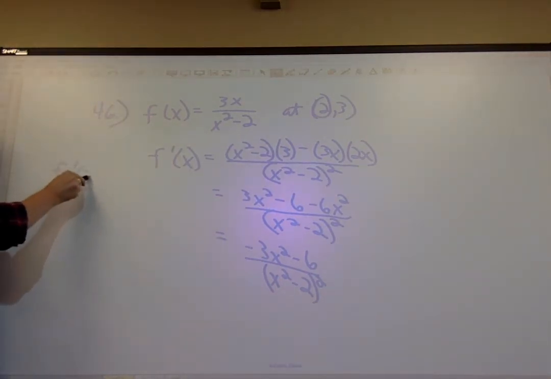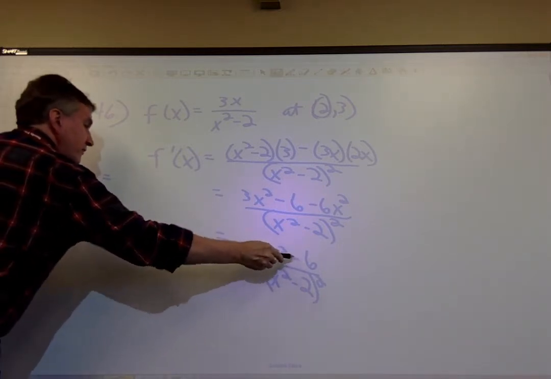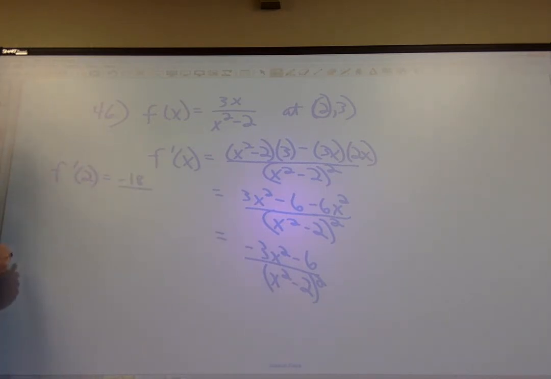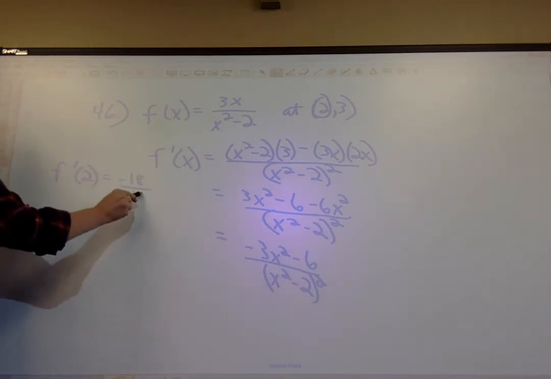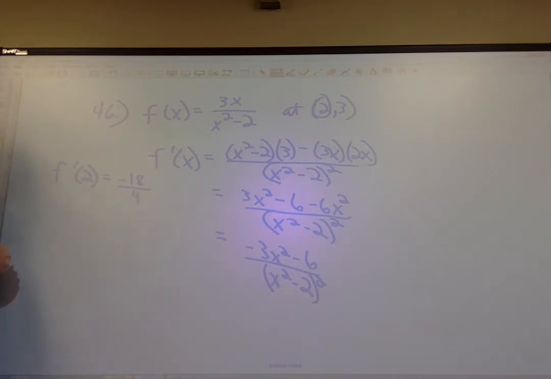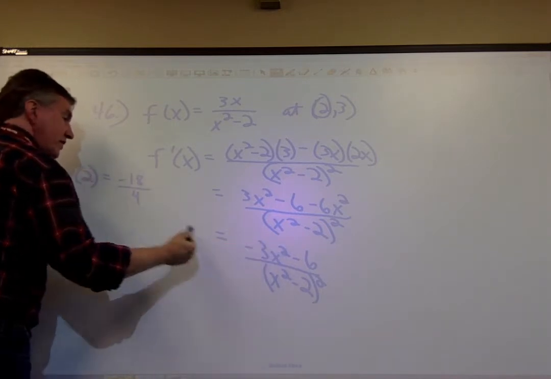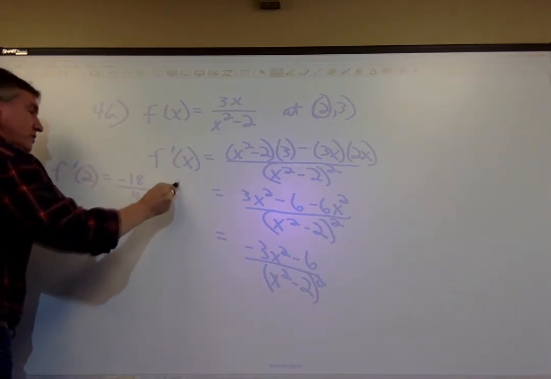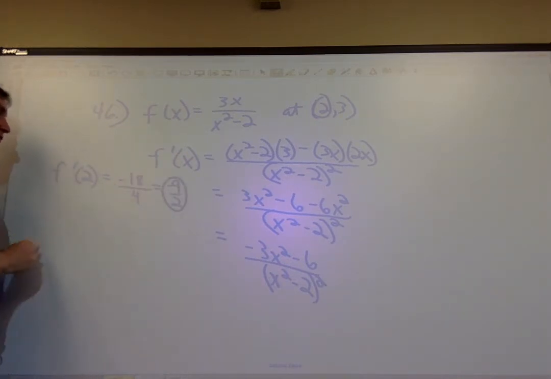What is f prime of 2? Is that going to be 12, negative 12 minus 6, negative 18 over 4? Is that right? If I plug a 2 in there, is that what we get? And that reduces to negative 9/2.